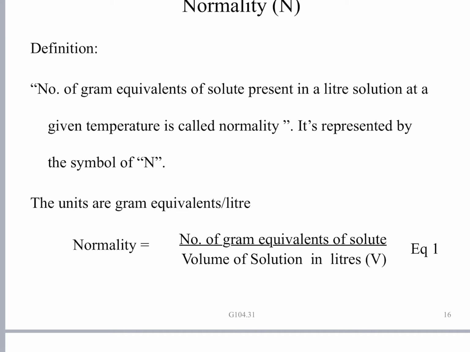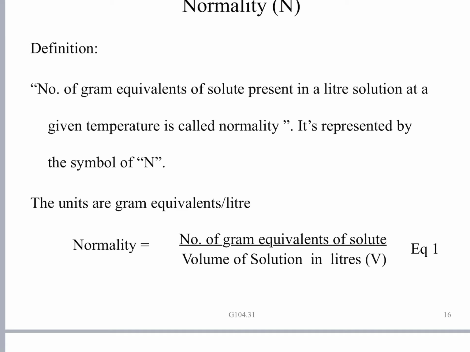Mole is nothing but equivalent to gram molecular weight. Here we are replacing it with the number of gram equivalents of solute dissolved in a solution at a given temperature. It is denoted by symbol N.